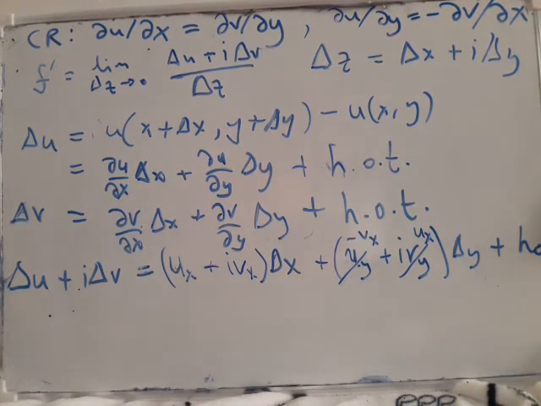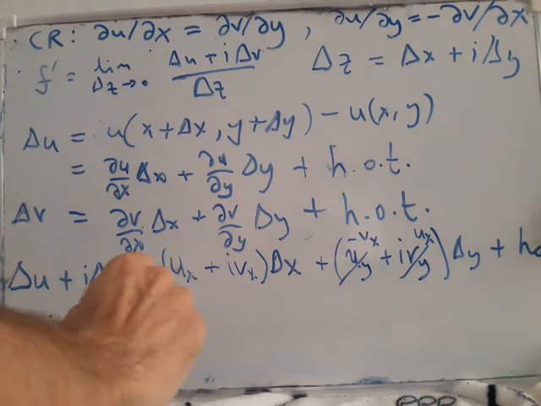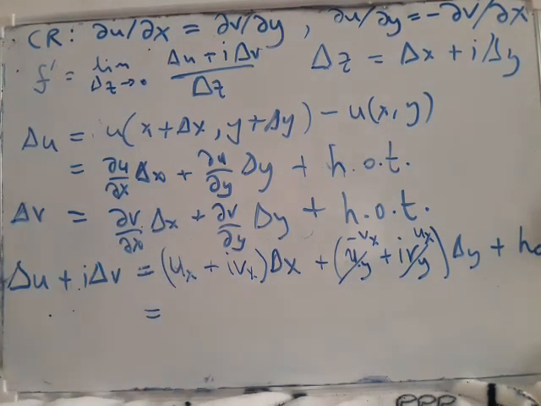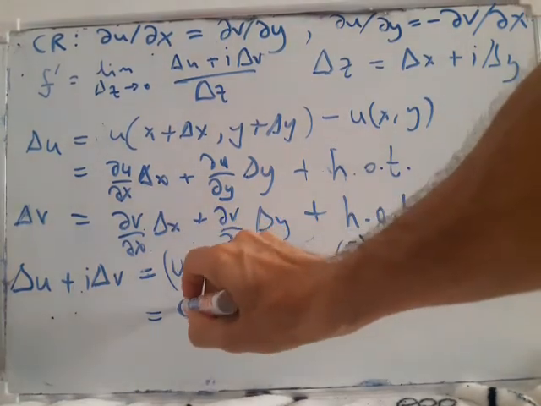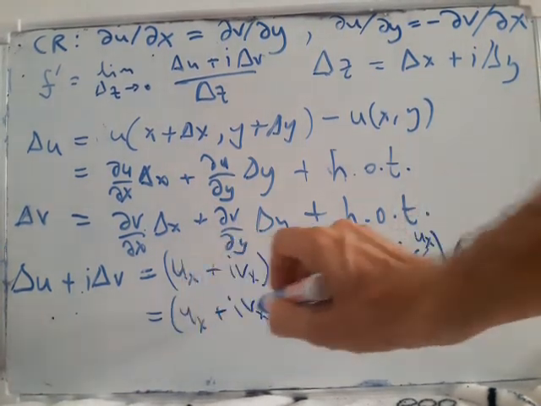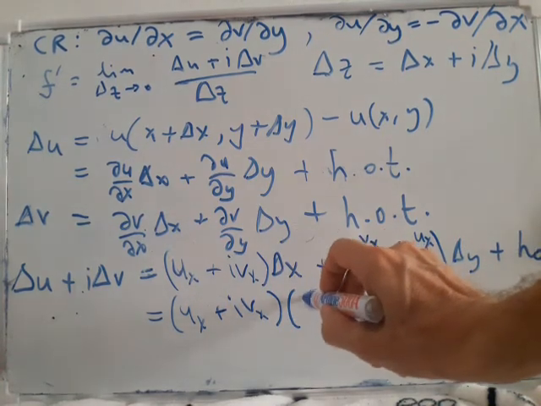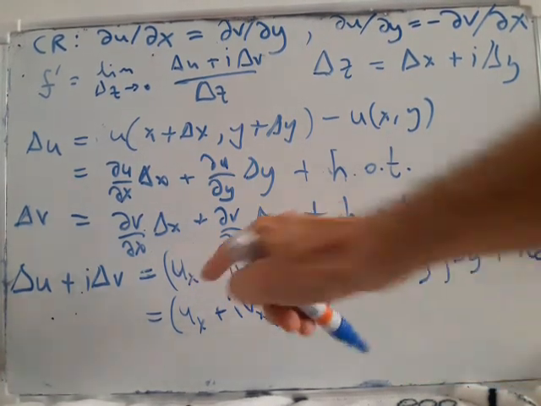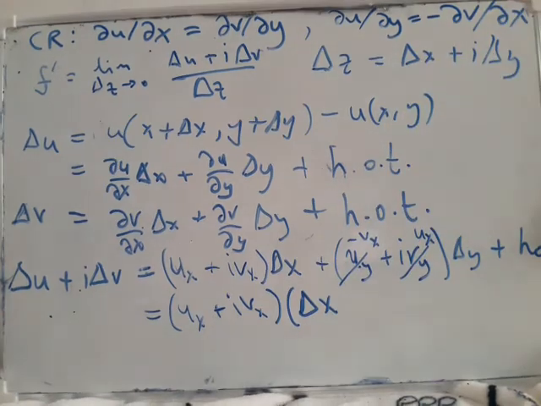Okay, so then this is just equal to du by dx plus i vx times delta x. This bit here just stays the same.